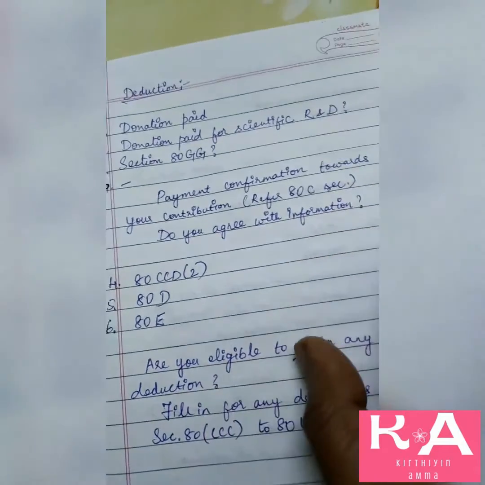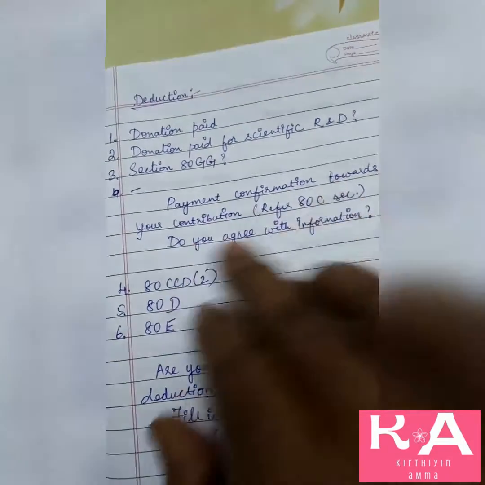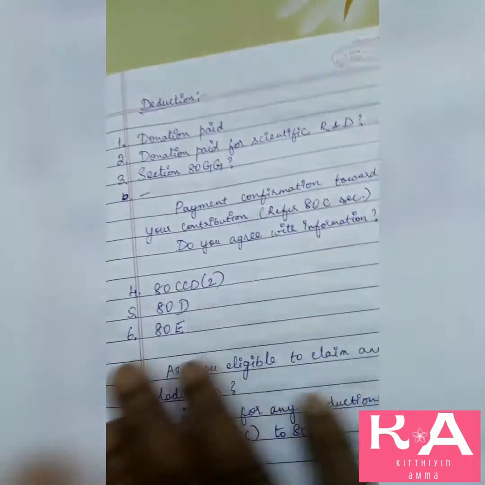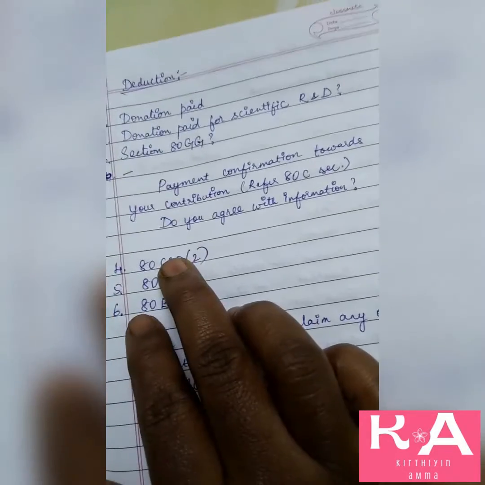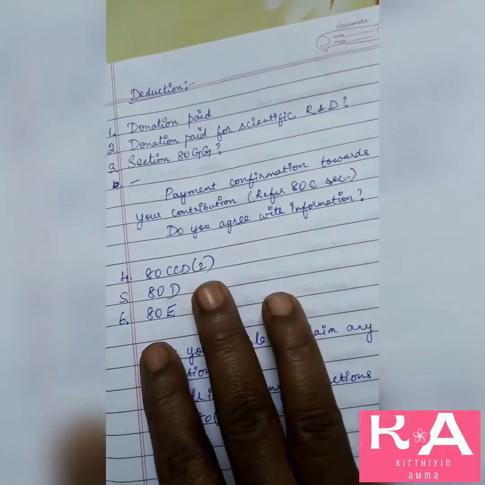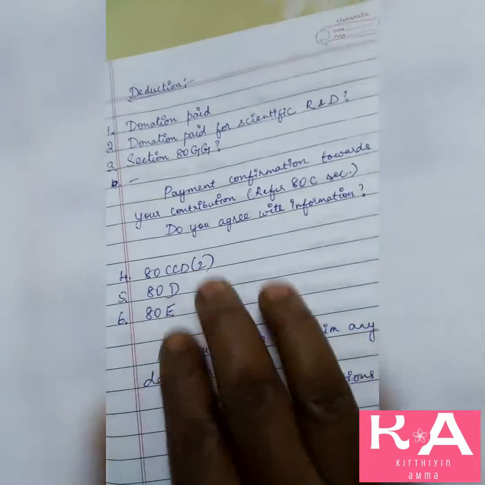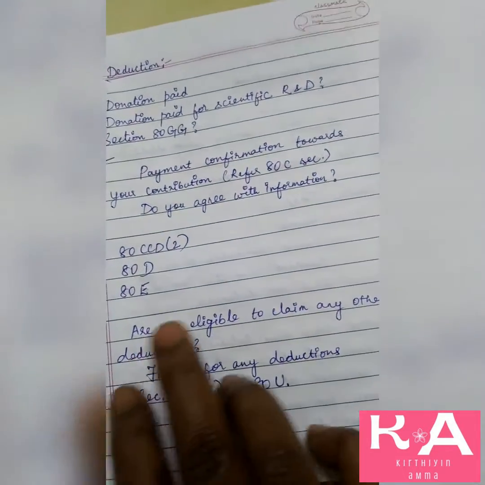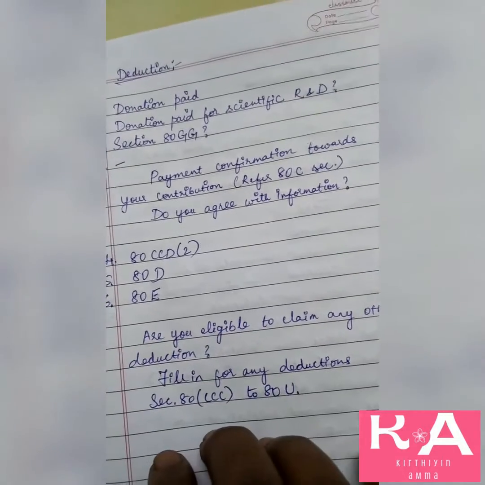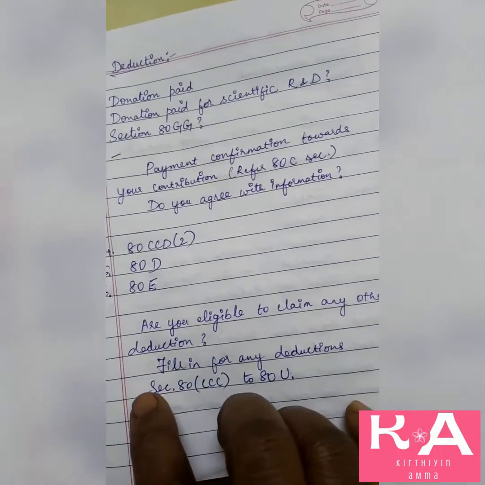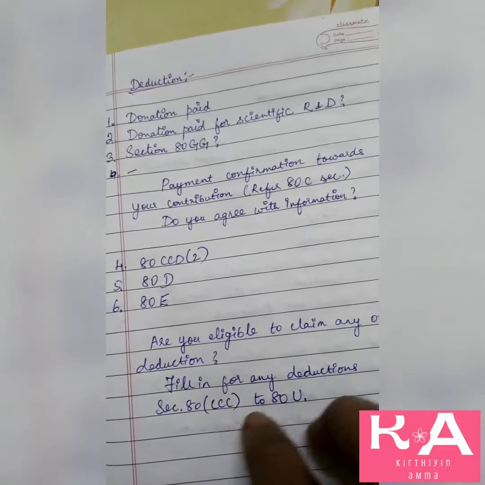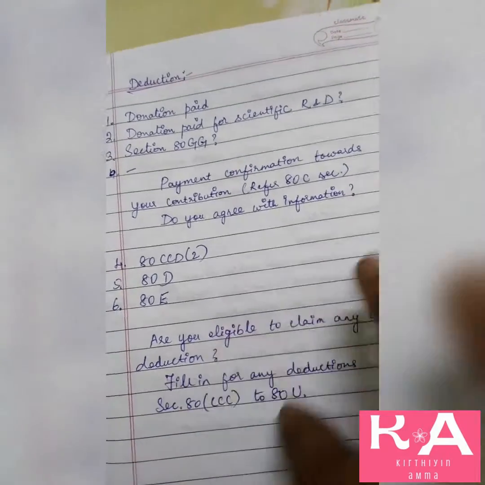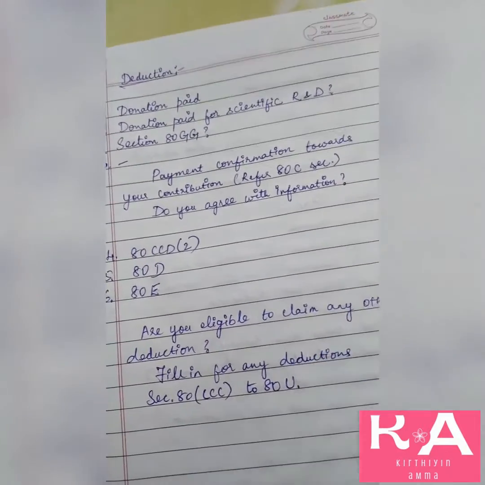You can state yes. Then the other deductions part, you will have to verify over here. Any other deduction, if you are eligible, you can state it here. You will have Section 80CCC to Section 80U, all the deductions covered here.